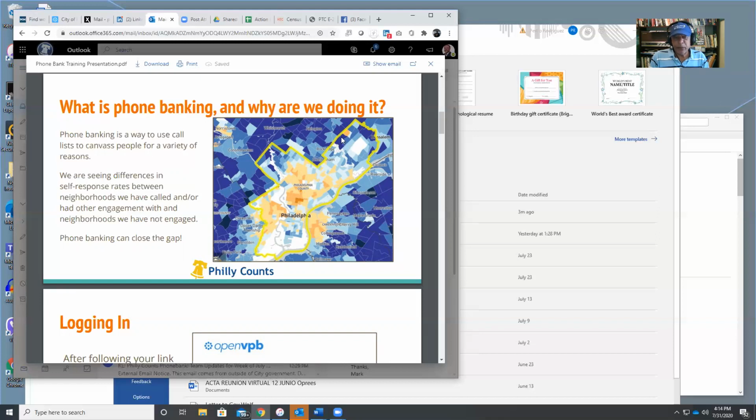And the deeper blue is over 50% and higher. So we want a lot of Philadelphia looking like some shade of blue. We don't want to see all those deep brown places. So we analyze the self-response rates on a daily basis, and then we decide which area of the city to call.